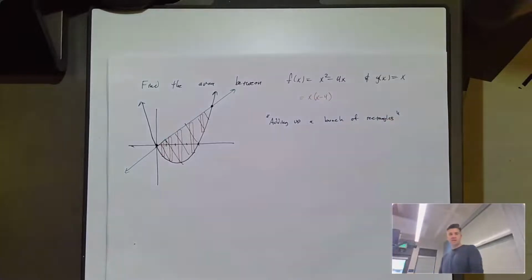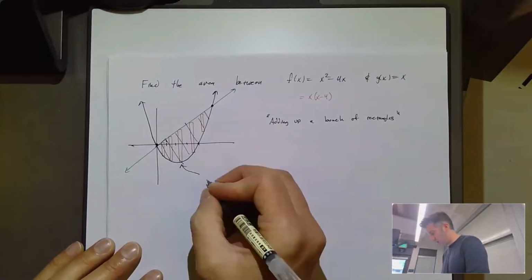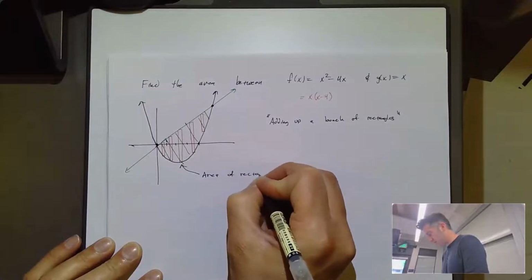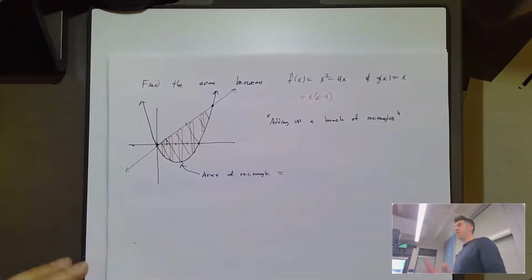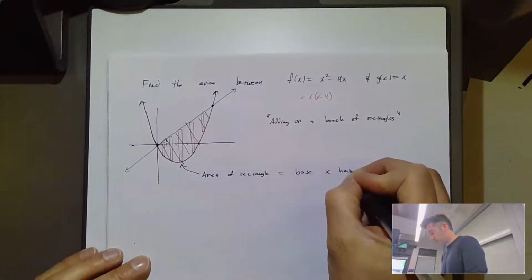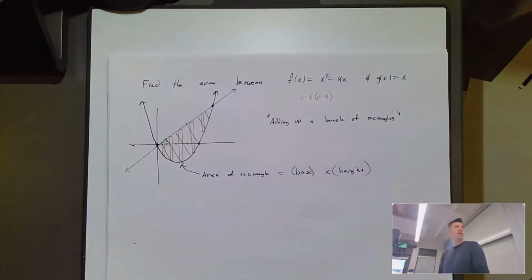So the idea is, what's the area of one of these rectangles? Well, if I look at that rectangle right there, the area of this rectangle is very, very generally base times height. The base, well, the rectangles are getting thinner and thinner to get a better and better approximation.